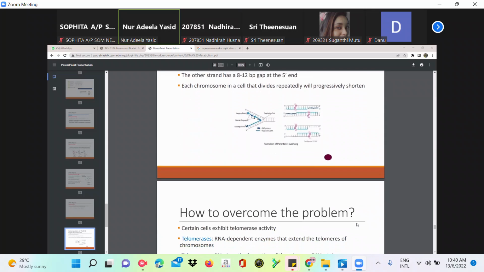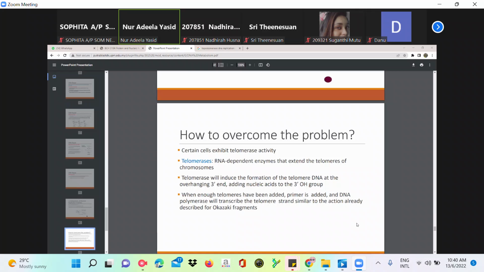So how to overcome the problem? Certain cells exhibit telomerase activity. Telomerase is an enzyme. So what is the telomerase enzyme? These are RNA-dependent enzymes that extend the telomeres of chromosomes. We will look at what a telomere is.